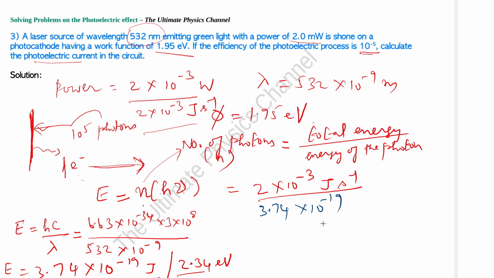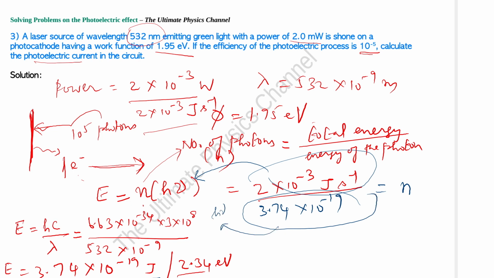If you do, then of course you will get N, isn't it? That is total energy, which is N h nu divided by h nu, which we have calculated here.